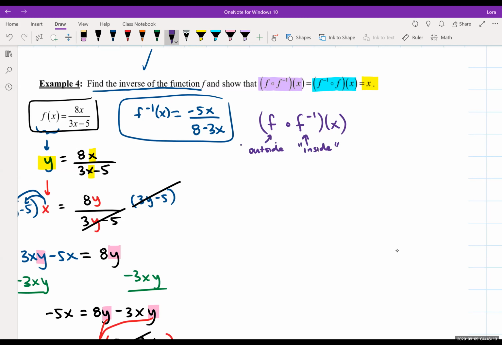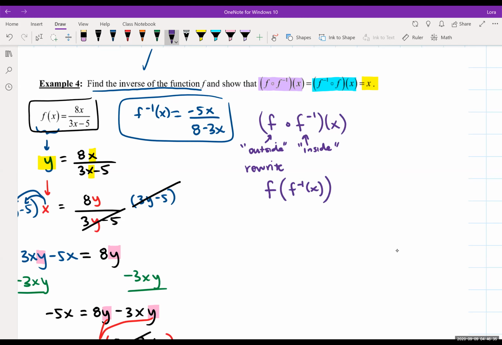And once I can relate this to outside versus inside, I can rewrite this statement so that it's a little bit nicer for me to work with the mathematics behind it. So f of f inverse x is the same thing if we write the f on the outside and the f inverse of x on the inside.